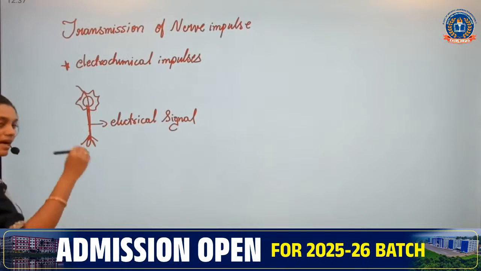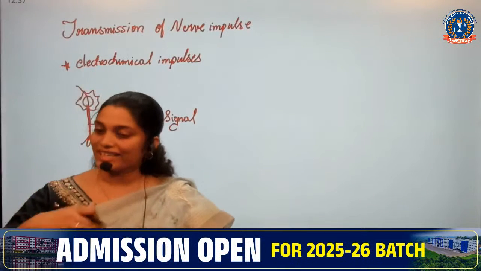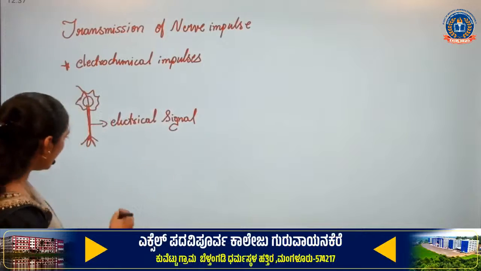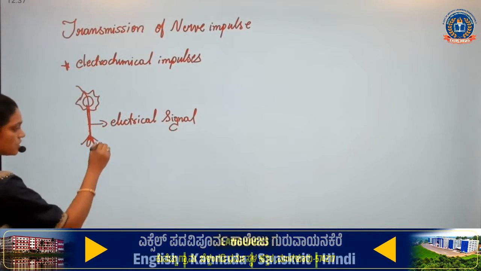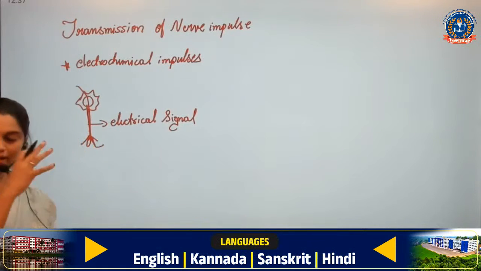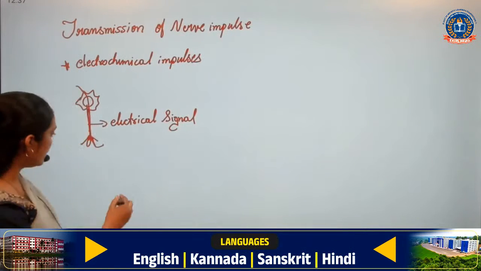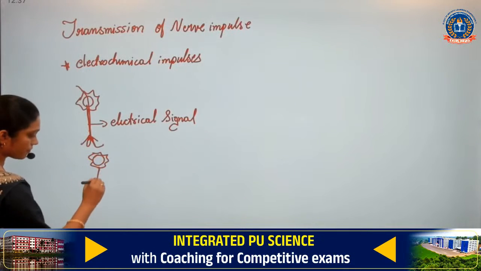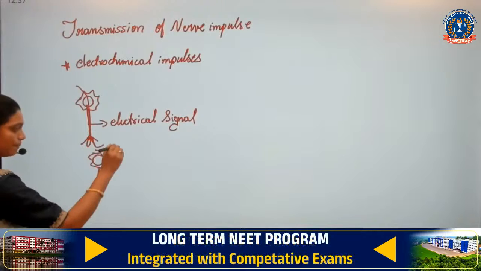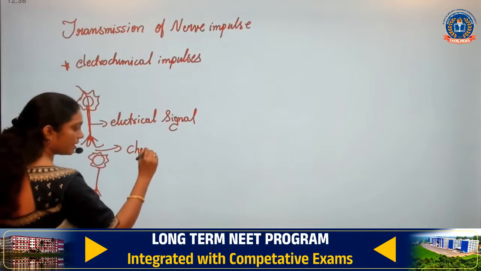When it reaches the axon terminal, this electrical signal gets converted and makes the vesicles over here. Here you see the transmission from the axon terminal region. When it passes to another neuron, it passes by chemical signal.